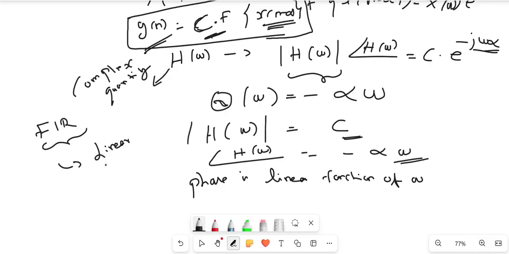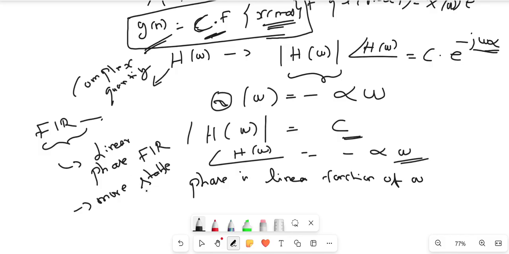Wherever the application requires linear phase, you can use it, because depending upon the application, you can choose either FIR filter or IIR filter. FIR filter is normally a linear phase filter, and the FIR filter is a more stable filter.